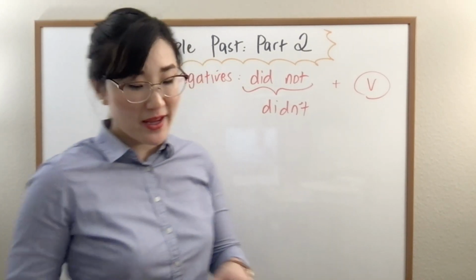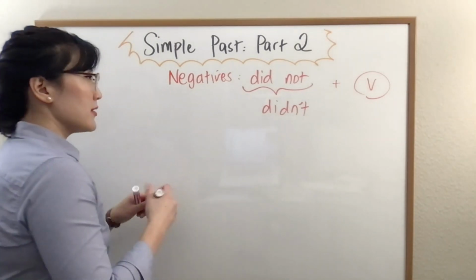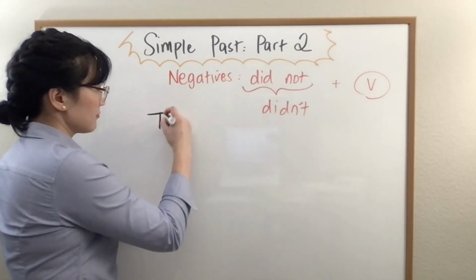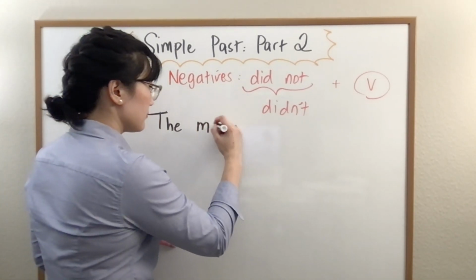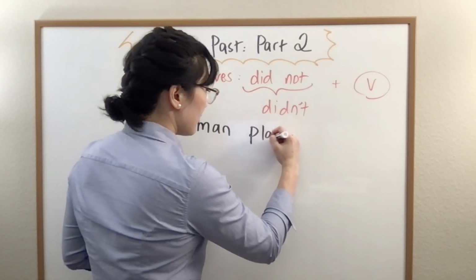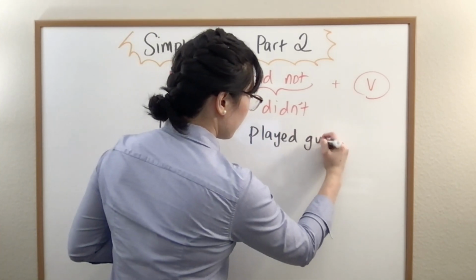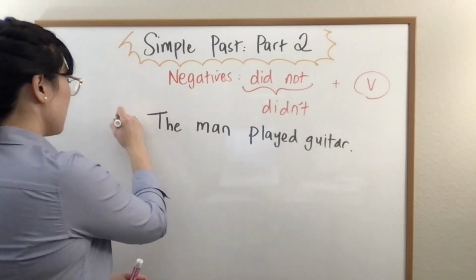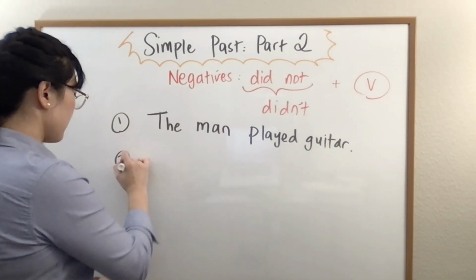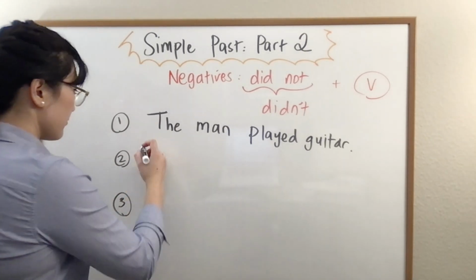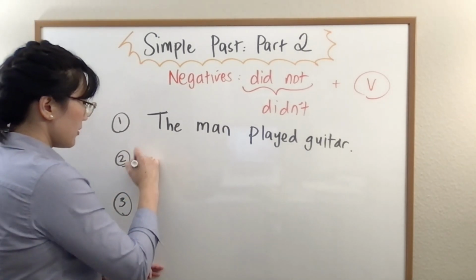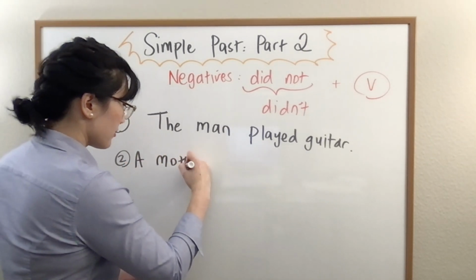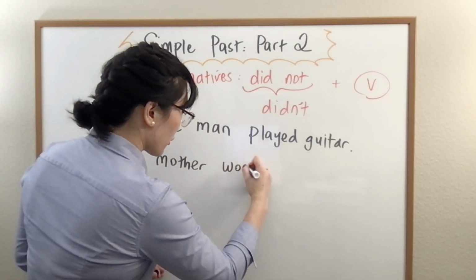So let's say the man played guitar. Let me give you 3 sentence examples. A mother worry.